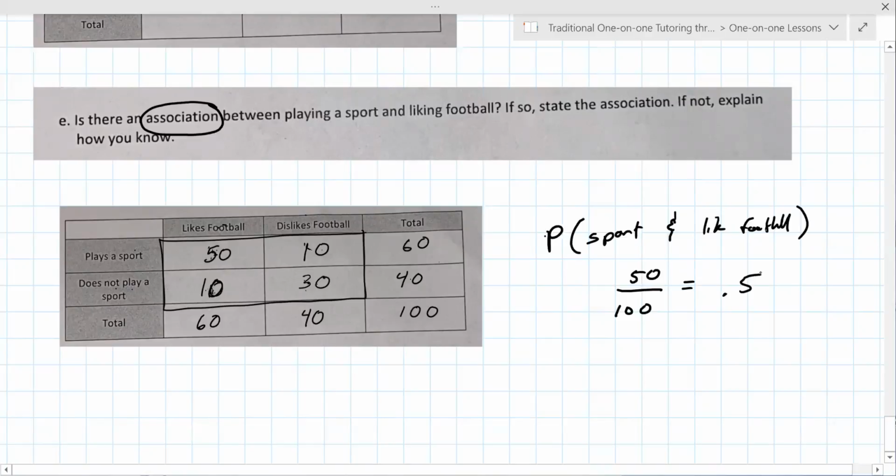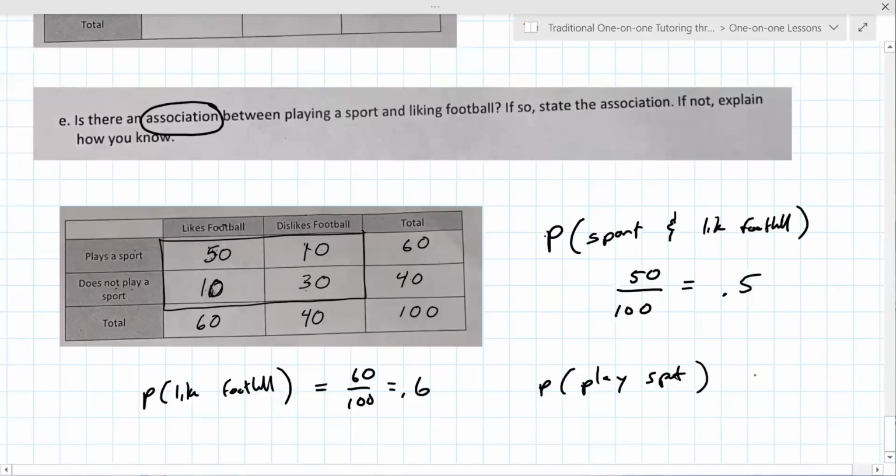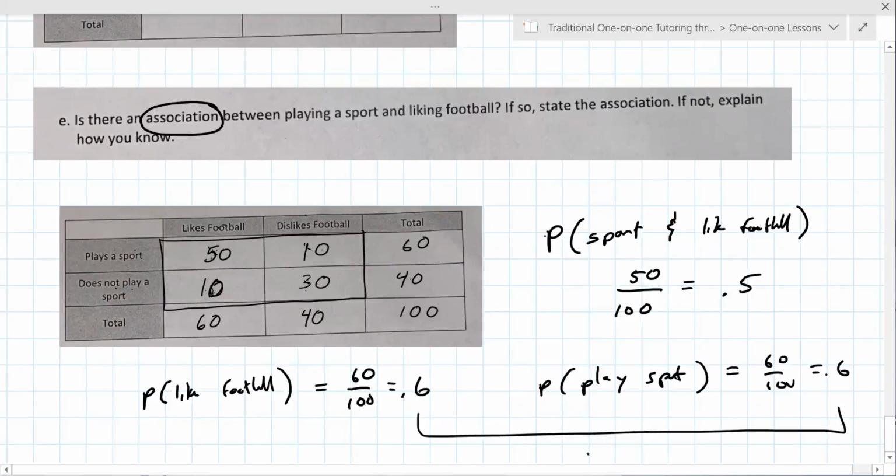The probability of liking football is 60 over 100, which is 0.6. The probability that you play a sport is 60 out of 100, again 0.6. If you multiply these two numbers, 0.6 times 0.6, you do not get this number right here.